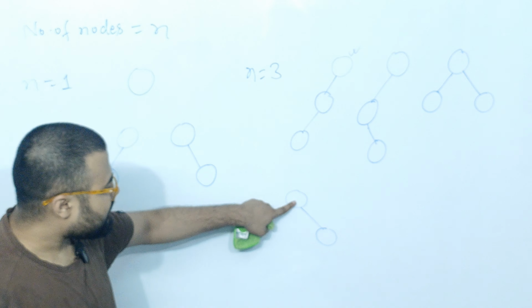Okay, and if you also want to label the nodes, for example, you have 3 nodes and you want to label them a, b and c, then for every structure you can label it in 3 factorial ways. So if you have 3 nodes, then for every binary structure 3 factorial labelings are possible.